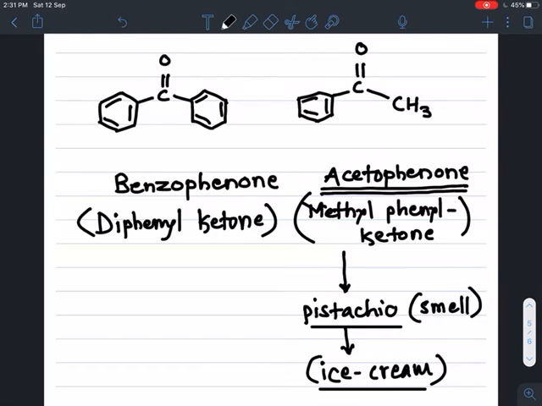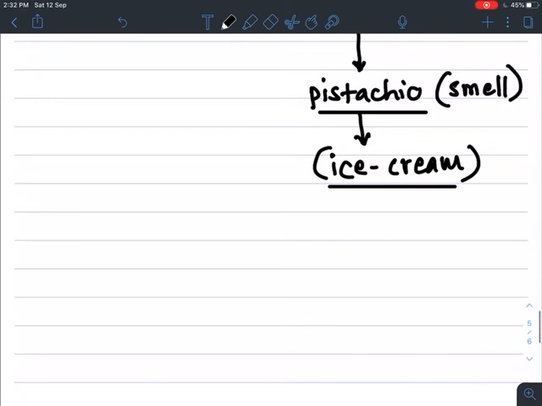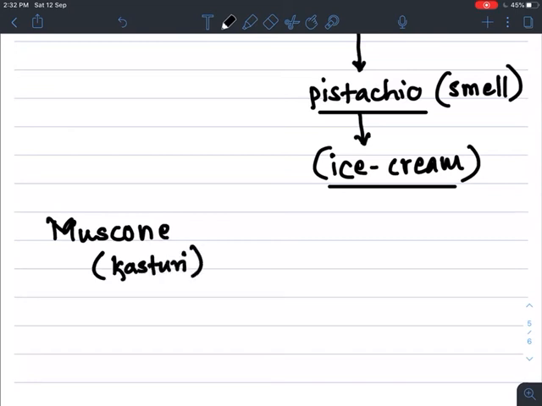Again, one more most important example is muscone. In Marathi it is kasturi. Muscone has a musky odor.